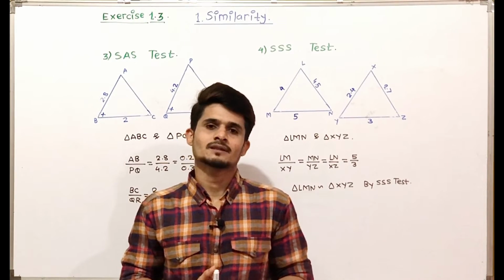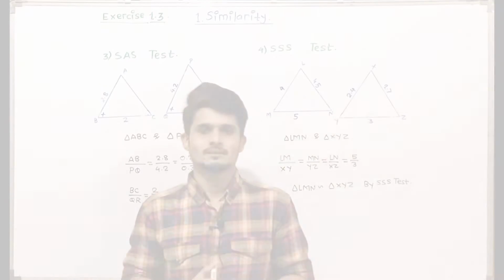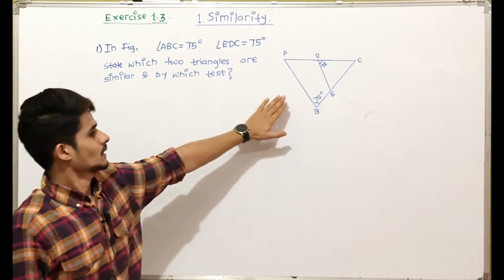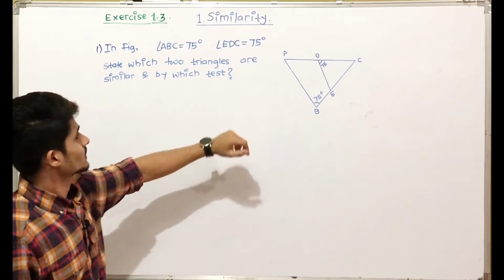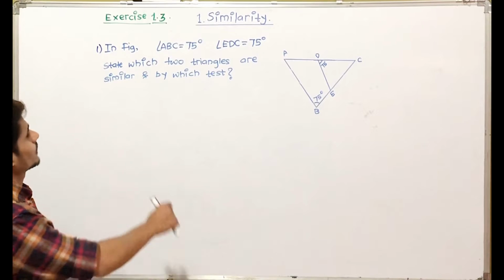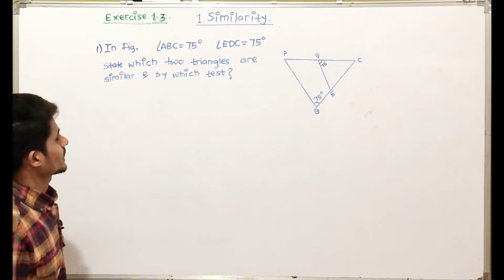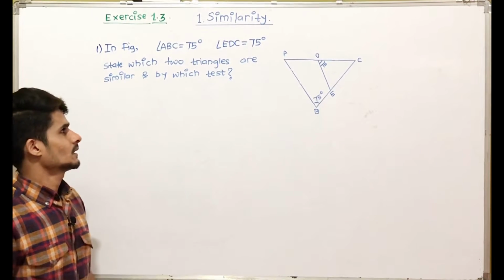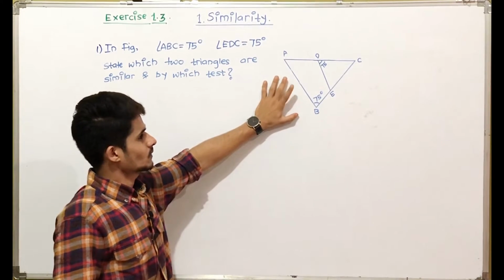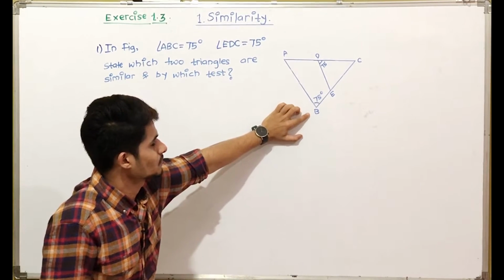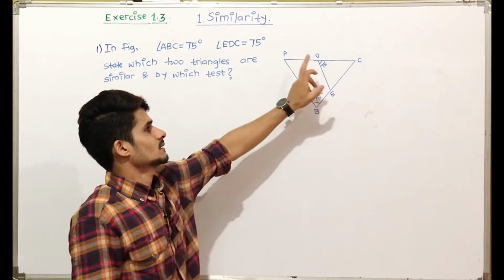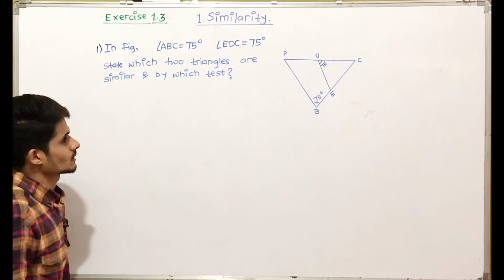Now we'll start with exercise 1.3. Let's start with the first sum. In the figure, if angle ABC is 75 degrees and angle EDC is 75 degrees, state which two triangles are similar and by which test. Looking at the figure, we can easily say that angle B is congruent to angle D, 75 degrees each.